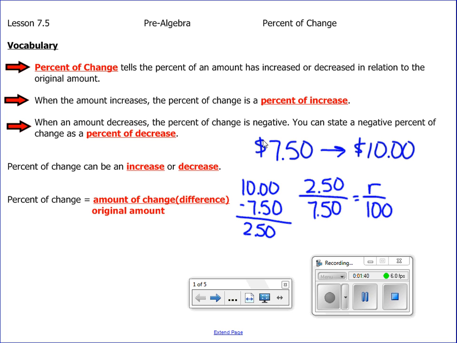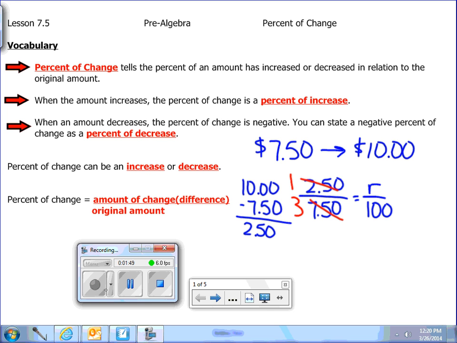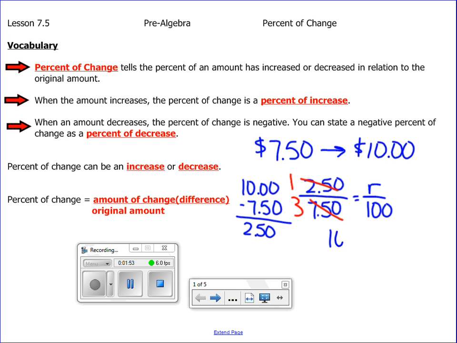Then, as you've been doing previously, you can simplify this to be 1/3. Now we can do 100 times 1 is 100 using cross products. 3 times r is 3r. Divide each side by 3.